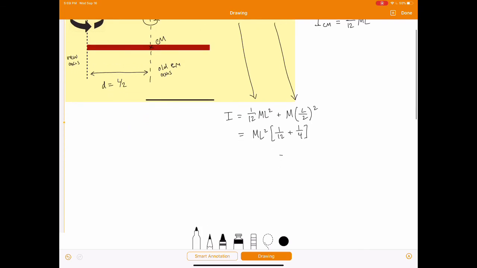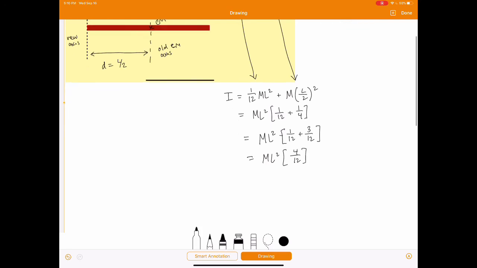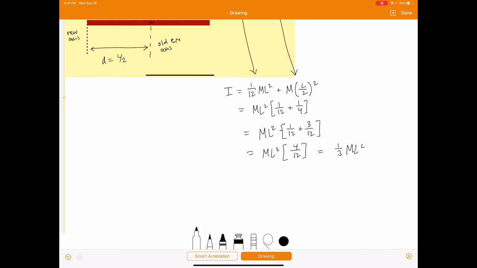So let's just work with the fractions to simplify this. We have mL squared times 1/12, and 1/4 is the same as 3/12. Put these two terms together, we have 4/12, and that simplifies to 1/3. So 1/3 mL squared is the new moment of inertia.